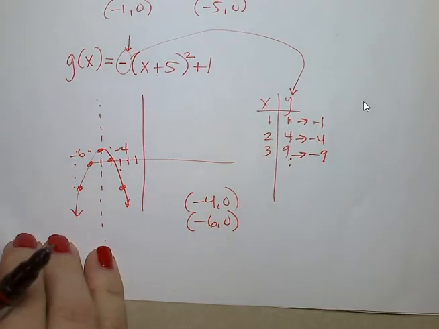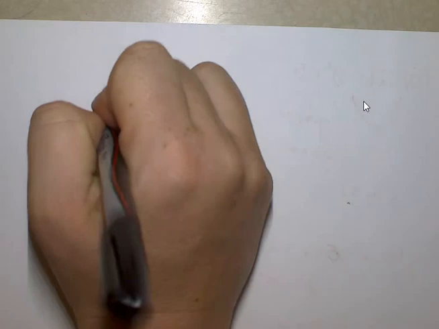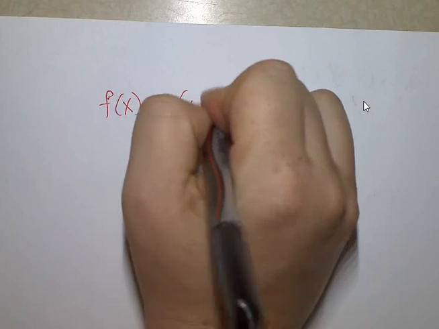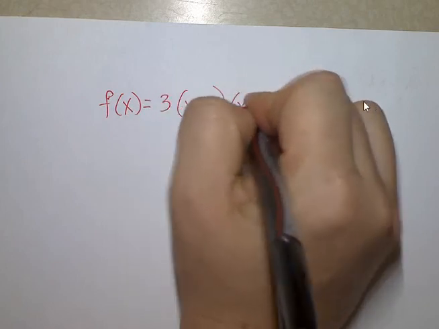Moving on to the next question. Problem is f of x is equal to 3 times x minus 4 and x plus 2.